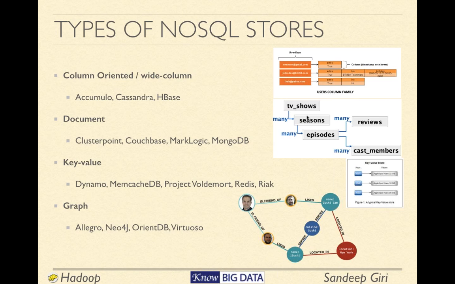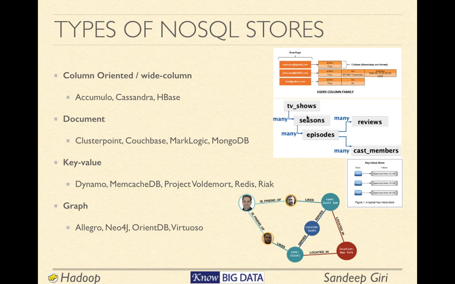In a document oriented database, each table or each collection is made up of complex objects in the form of XML or JSON or other formats. Okay. And you can look up based on various attributes.